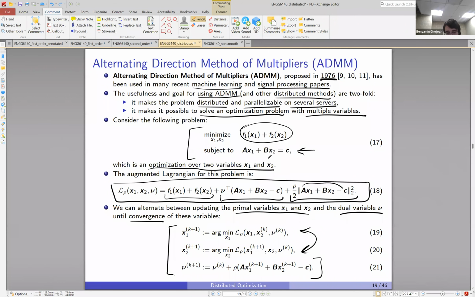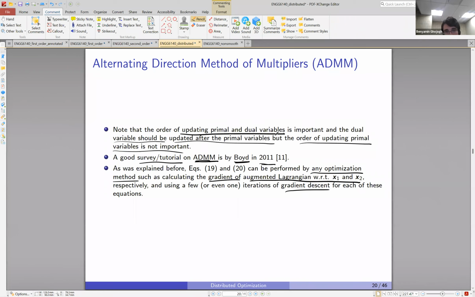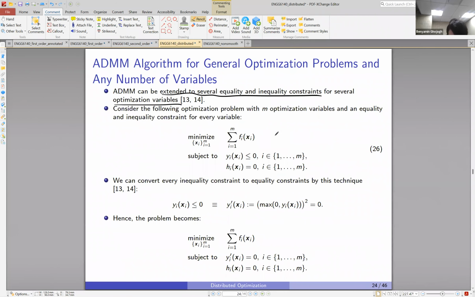Now let's extend it to more than 2 variables, and maybe we'll have inequality constraints as well, like this general case: minimize the summation of fi(xi) subject to this.